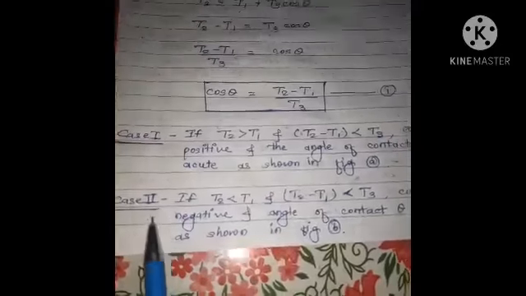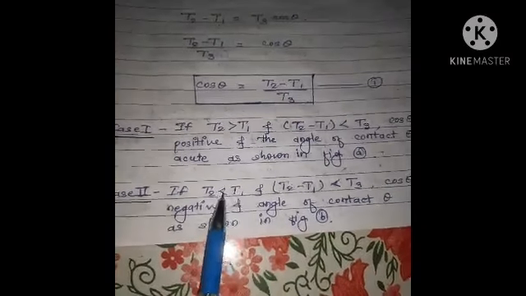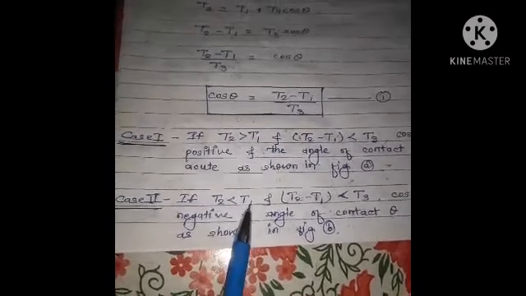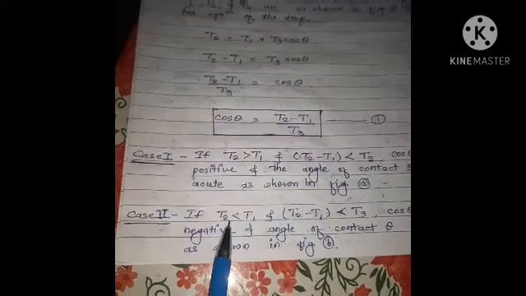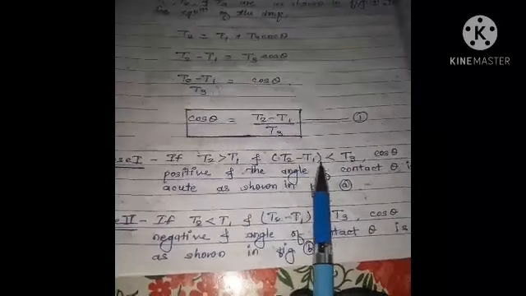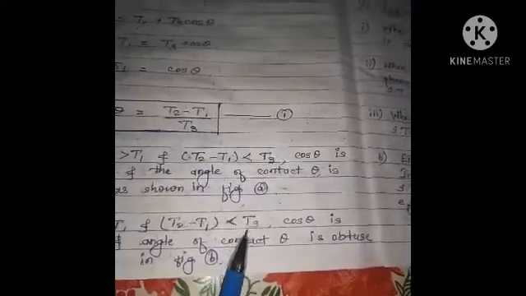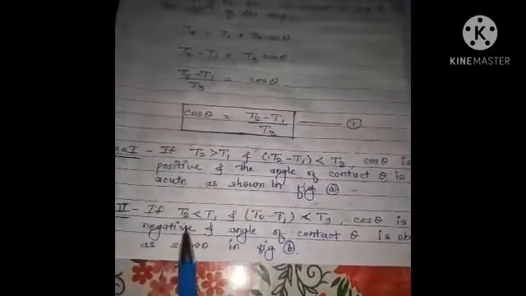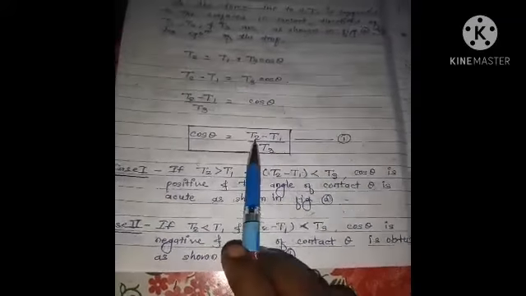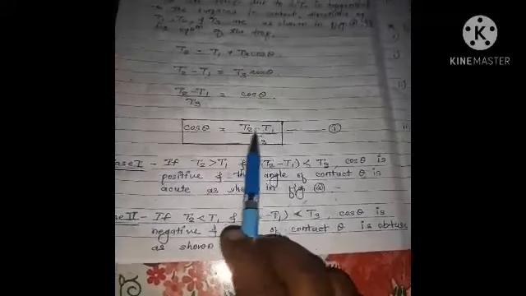Similarly, we will consider the second case. If T2 is less than T1, opposite to this, and T2 minus T1 is less than T3, it means T2 minus T1 becomes negative.